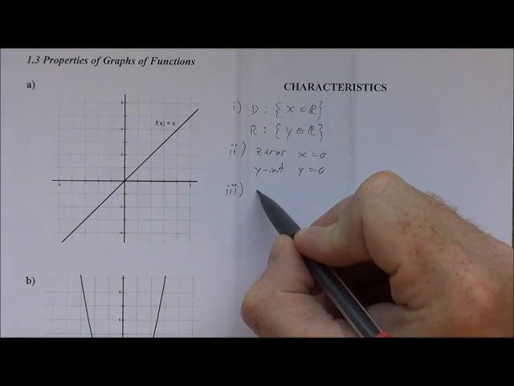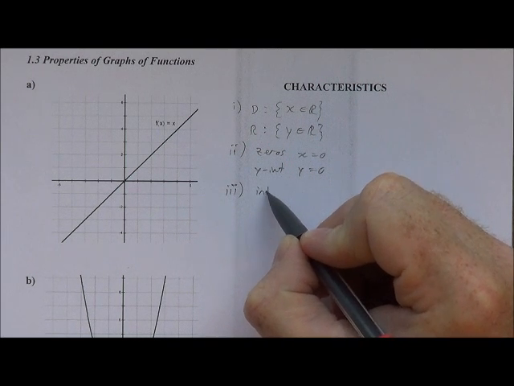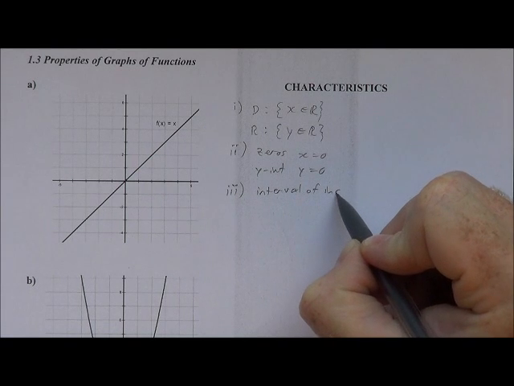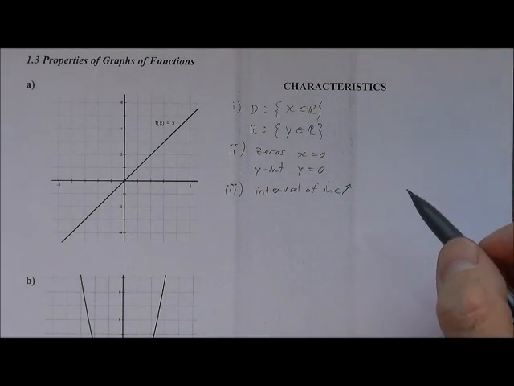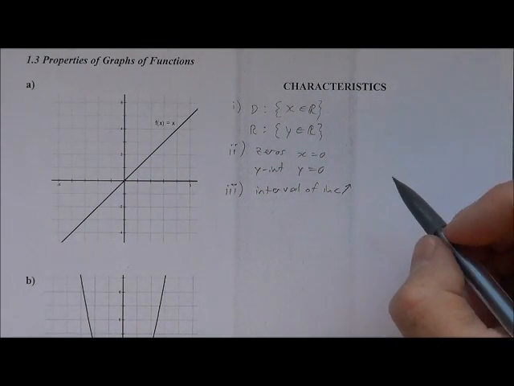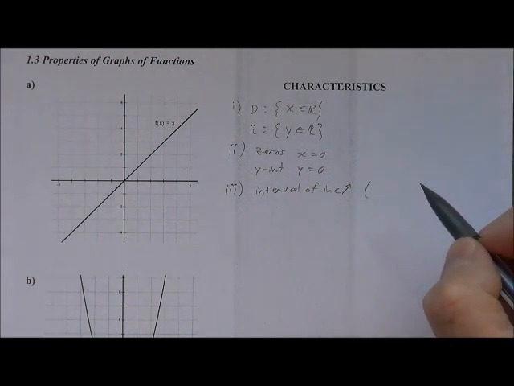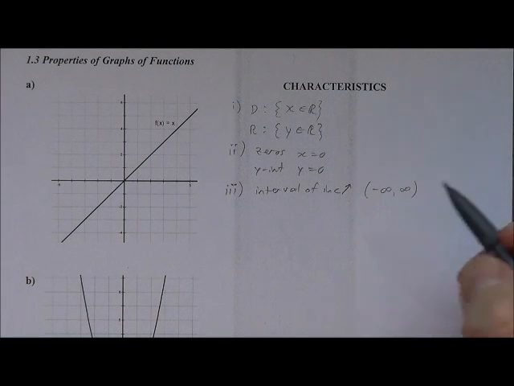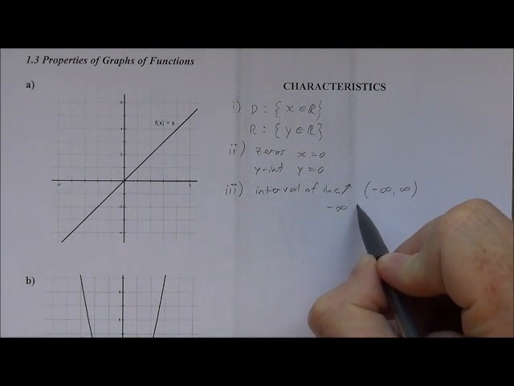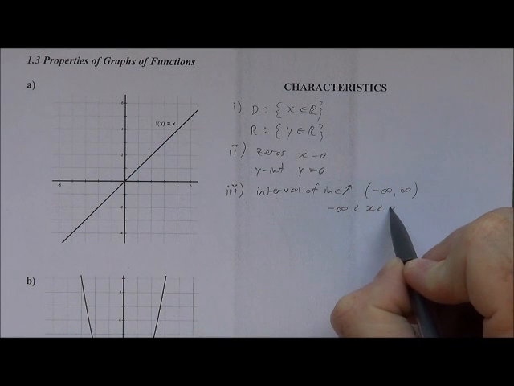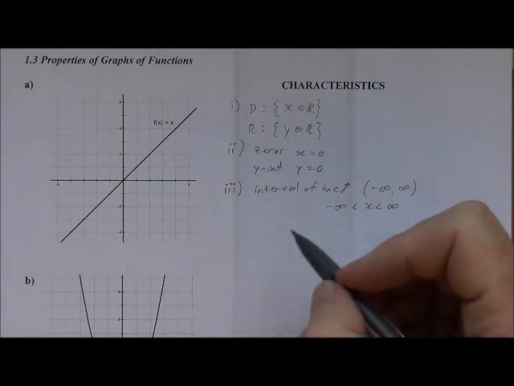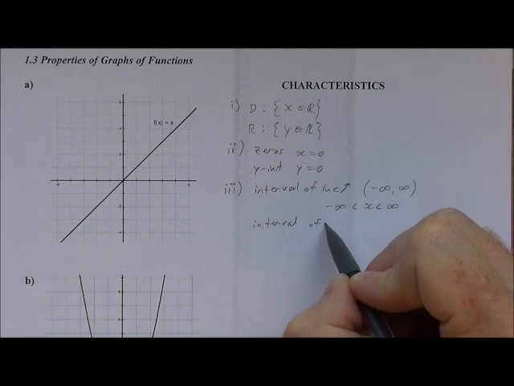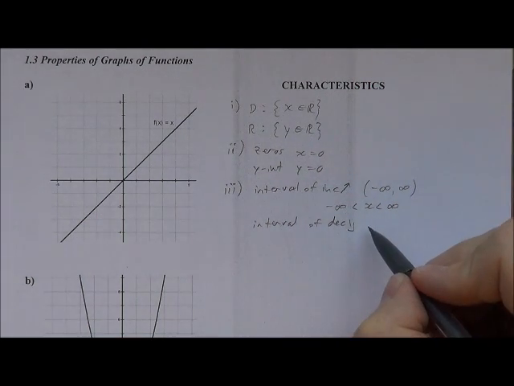Okay, so interval of increase, and I just give a little short form like that. Interval of increase is, and I'll use this form, negative infinity to infinity. Or you could also write negative infinity less than x less than infinity. And interval of decrease, there is none.